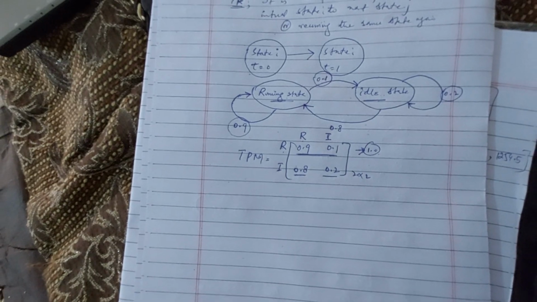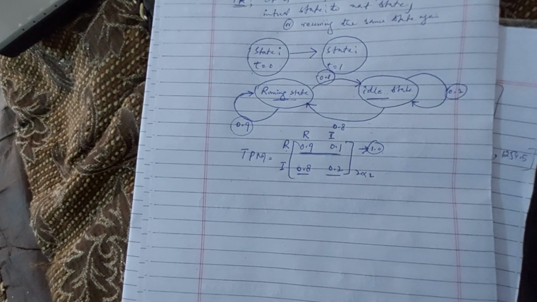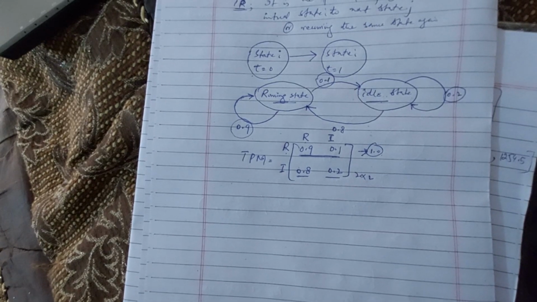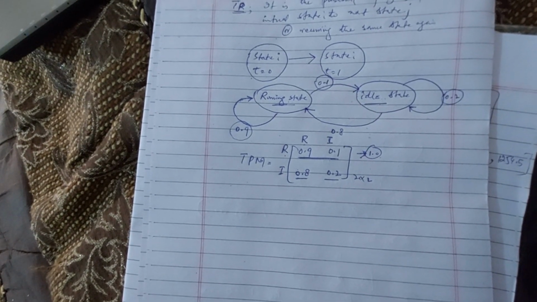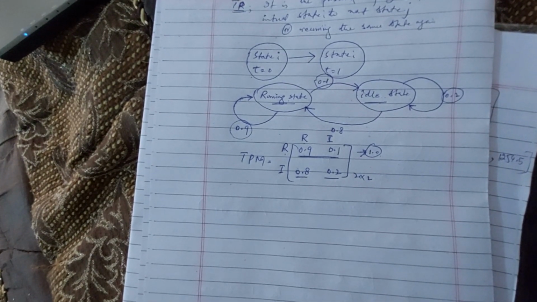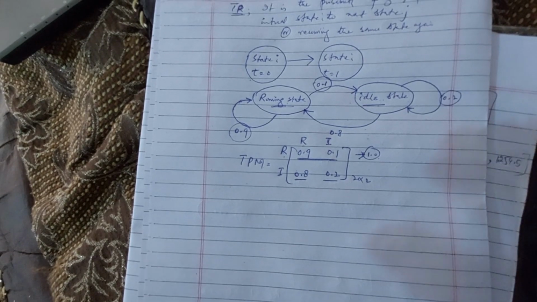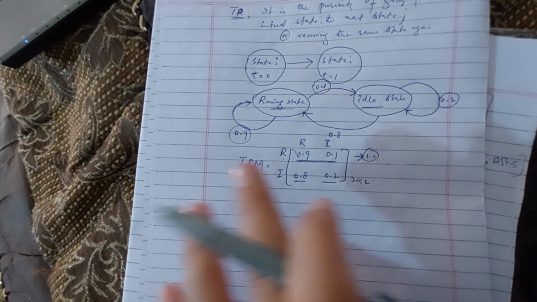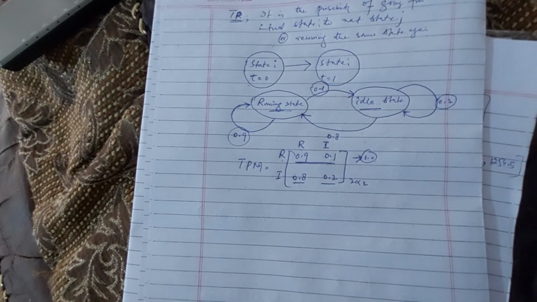The time period is 1 hour. For example, t equals 0 means the initial hour of running, and t equals 1 means the next hour. So the time period here is hourly, and this is the transition probability matrix.